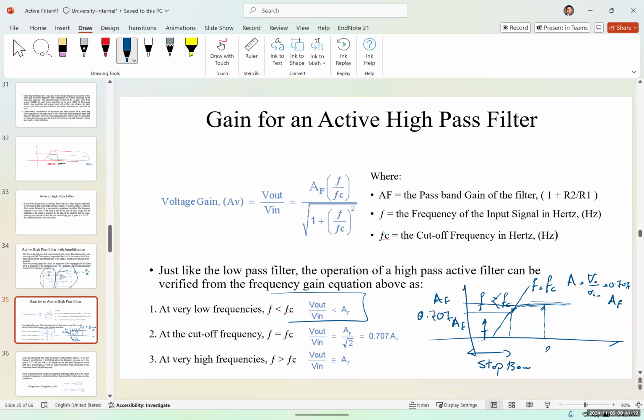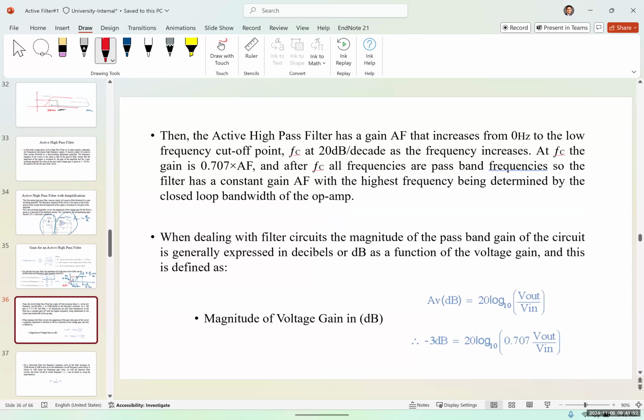So if this is the frequency F greater than FC, then A would be equal to AF. Here, F is less than FC, at that point it is equal, and here we have F greater than FC. Same thing that we had with the low pass filter.